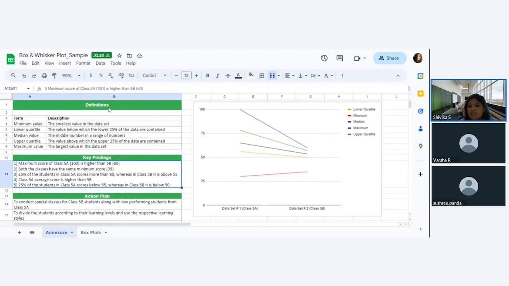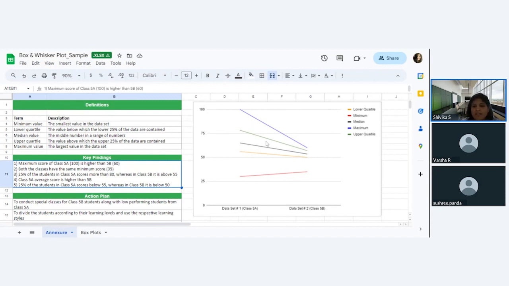So here, if you see, there is this minimum value. The minimum is represented by red color. It's showing the smallest score a student has received in the subject. Then there is this lower quartile.